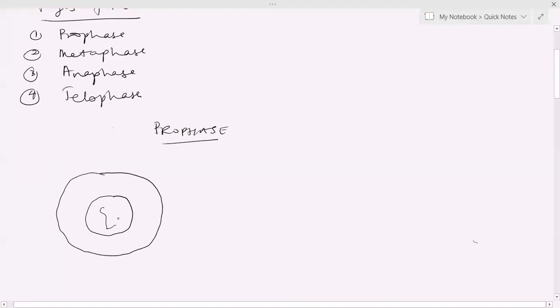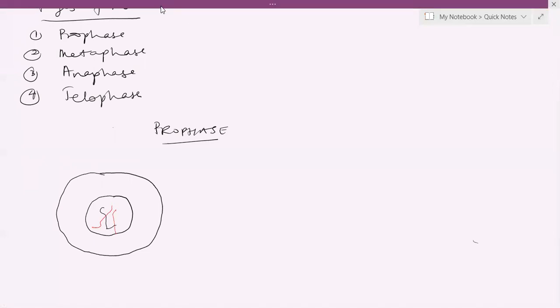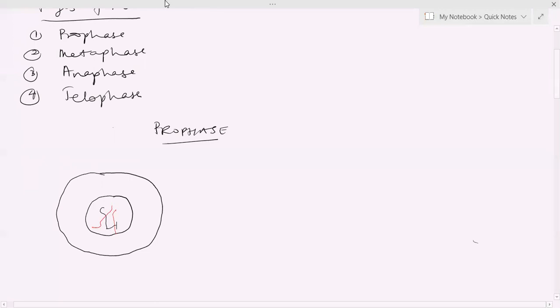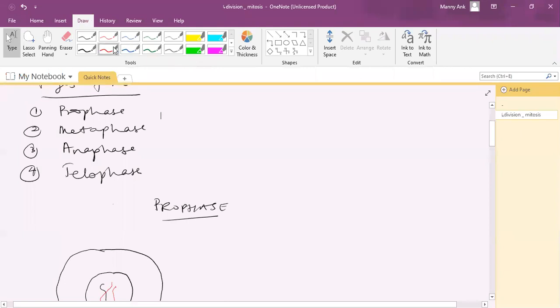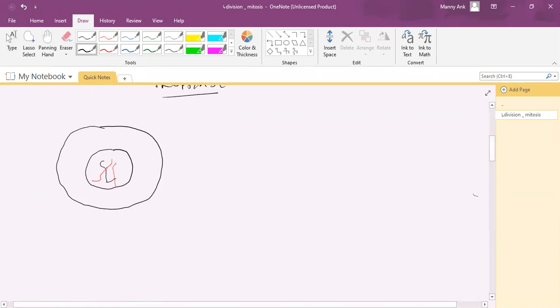So let's say that is red. And one more, another black one. Okay, good.